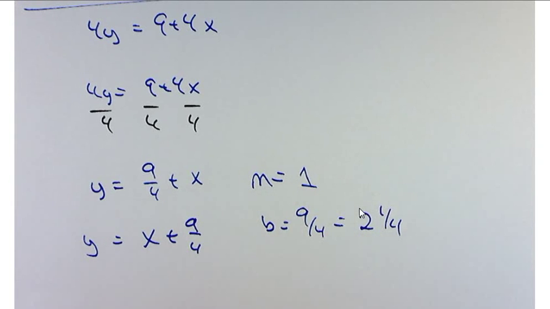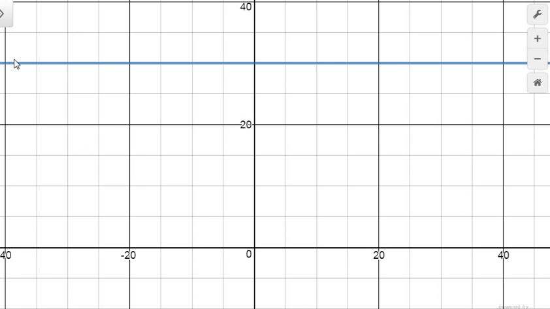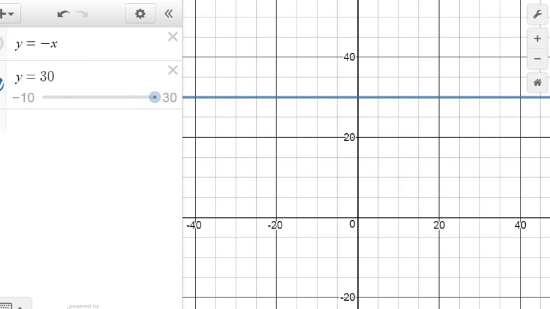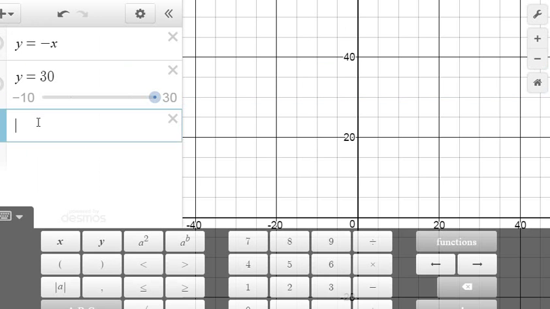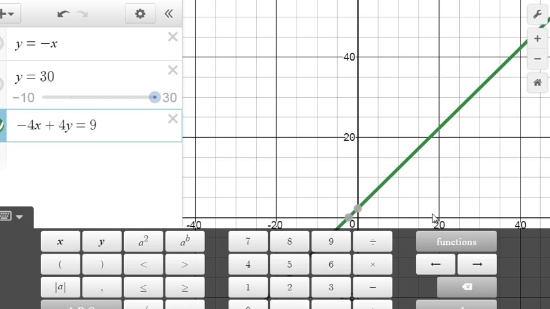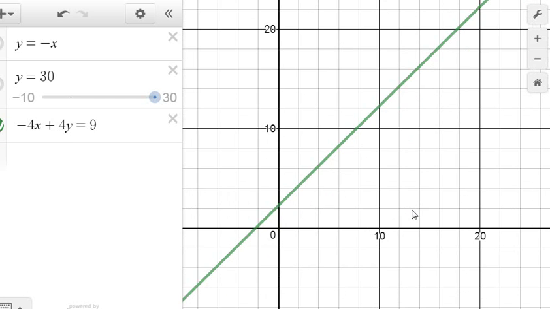Let's just go back and take a quick look at the graph and see that that matches our expectations here. So we'll shut this one off. The cool thing about Desmos is you don't have to necessarily type in the equation with y solved for. You can just type it in as is. So I can type in negative 4x plus 4y equals 9. And it'll come up with a graph. Now let's zoom in here dramatically.